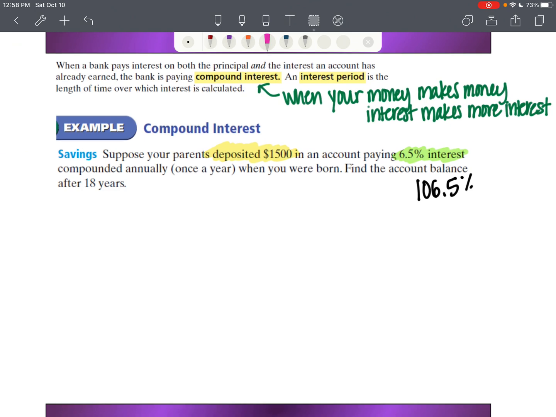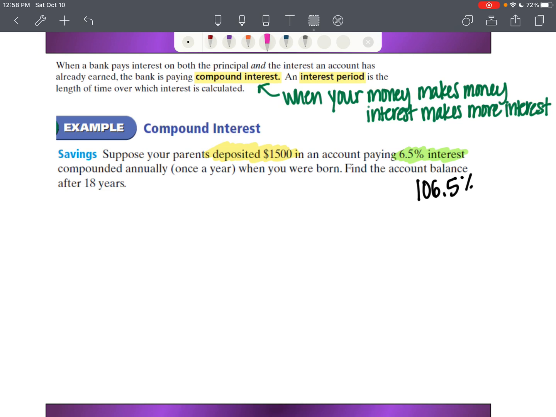There we go. Okay, compound interest. Compound interest is when your money makes money. Your interest makes more interest. So you earn interest, and then that gets deposited into your account along with the money you put into your account, and your interest along with your money makes more interest. So that's what compounded means.